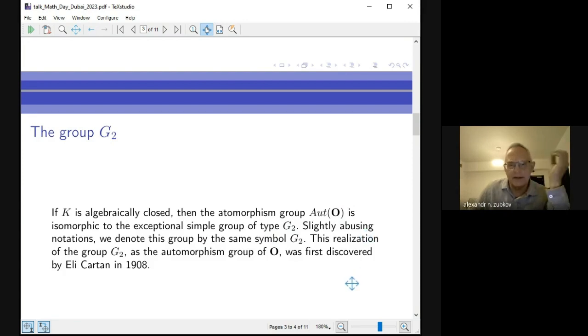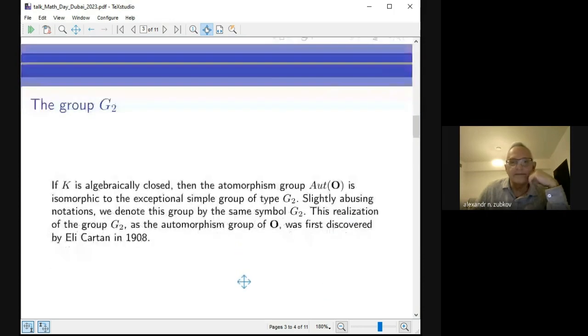In what follows, I am going to denote this group by the same symbol, G2. So this is the incarnation of the group G2 as the automorphism group of octonions. To the best of my knowledge, it was first discovered by Elie Cartan more than 100 years ago, in 1908.